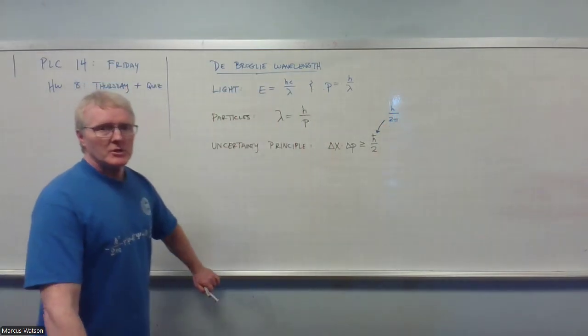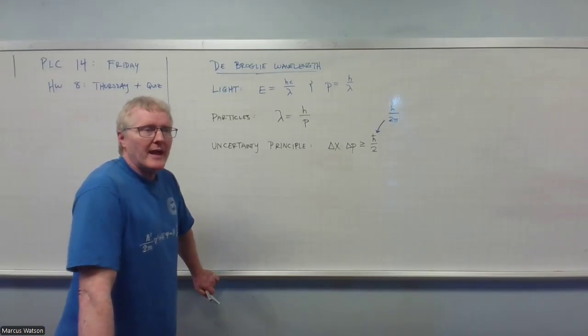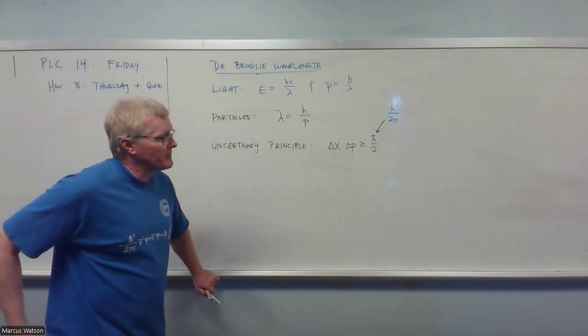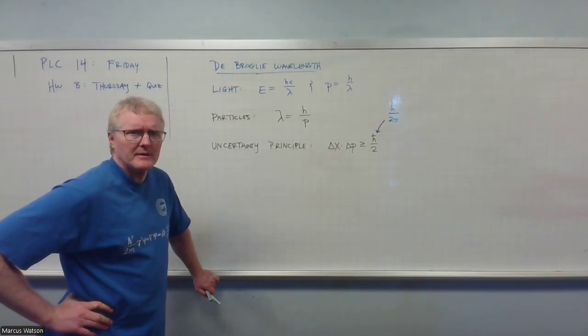All right, so we had talked about the uncertainty principle, and I looked at the uncertainty of maybe it was a dust particle or something like that, and the uncertainty of an electron.